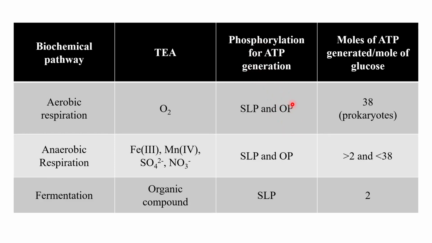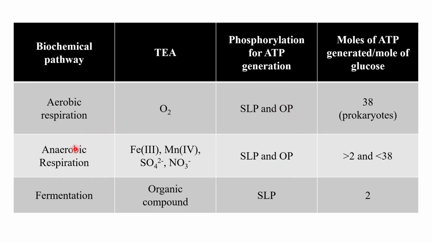Electrons are being transferred via different complexes, and then one of the terminal electron acceptors can take the electrons, and then they can in turn generate a proton gradient, via which the proton motive force will help the ATP synthase to generate ATP. So that is the example of oxidative phosphorylation.